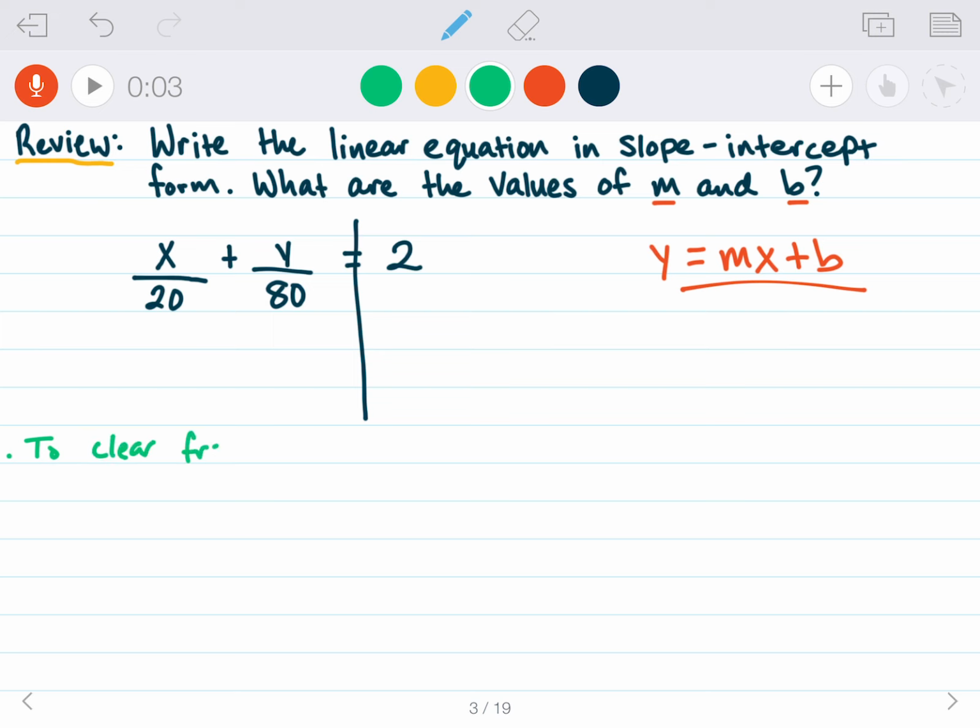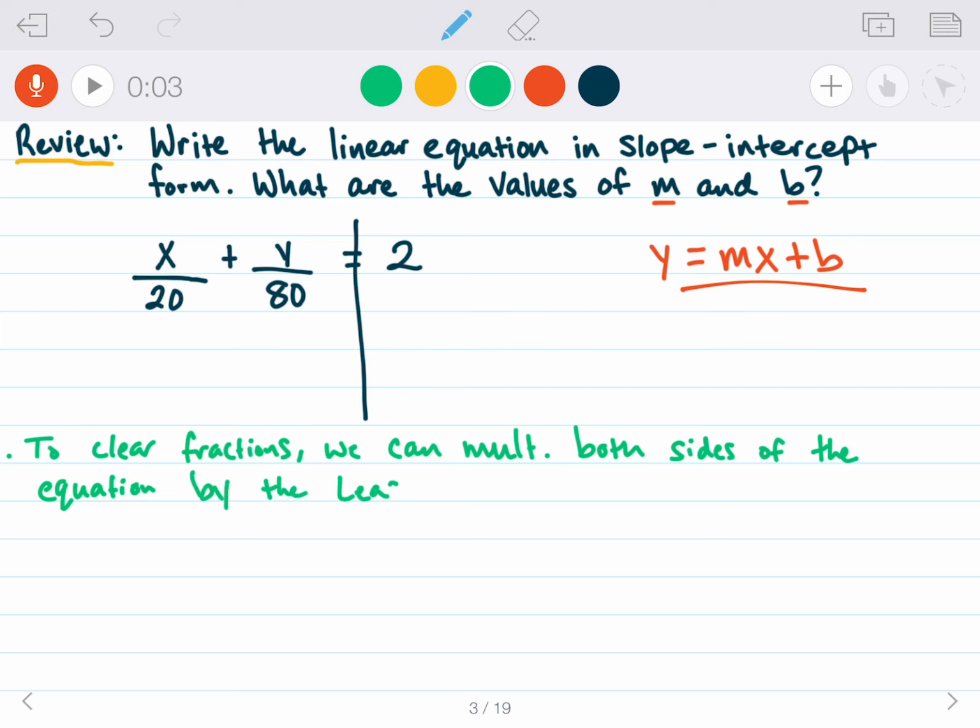To clear fractions, we can multiply both sides of the equation by the least common multiple. This is abbreviated as LCM. This is our least common multiple. So how do we find it?